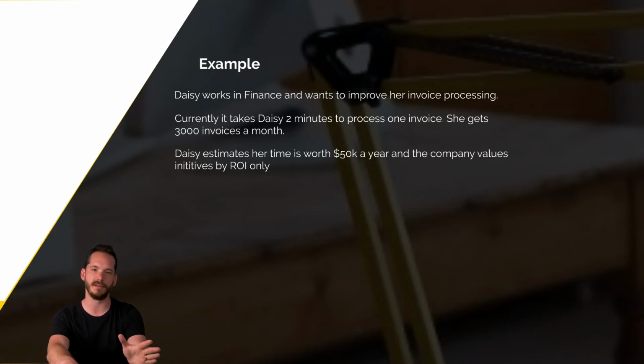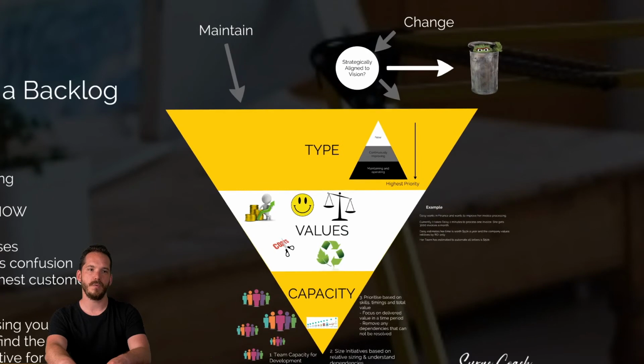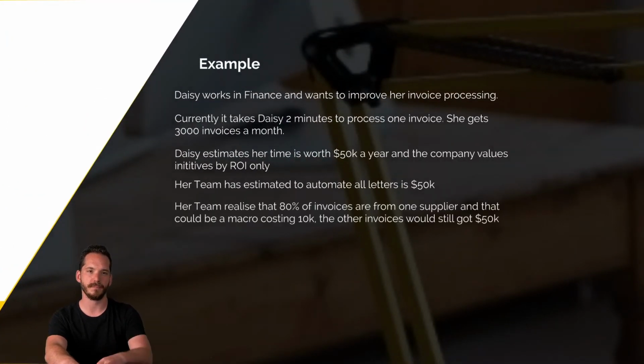Just to simplify this a little bit, her team has estimated that automating all invoices costs 50K. So when we think about this from the priority point of view, she estimates the time at 50K and she'll get 50K back in the first year. So over 3 years, that's an ROI of 3 to 1.